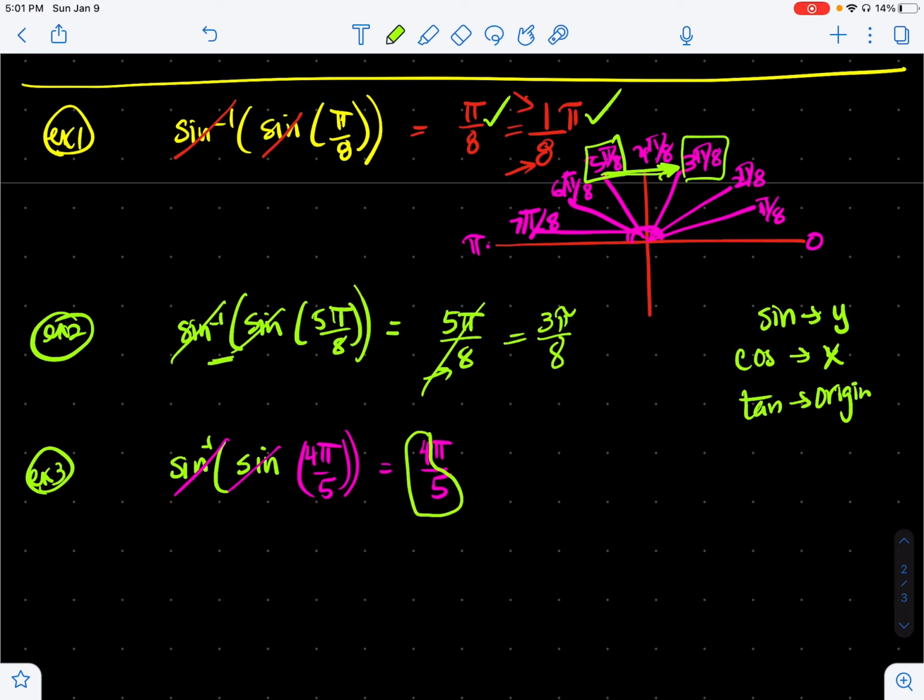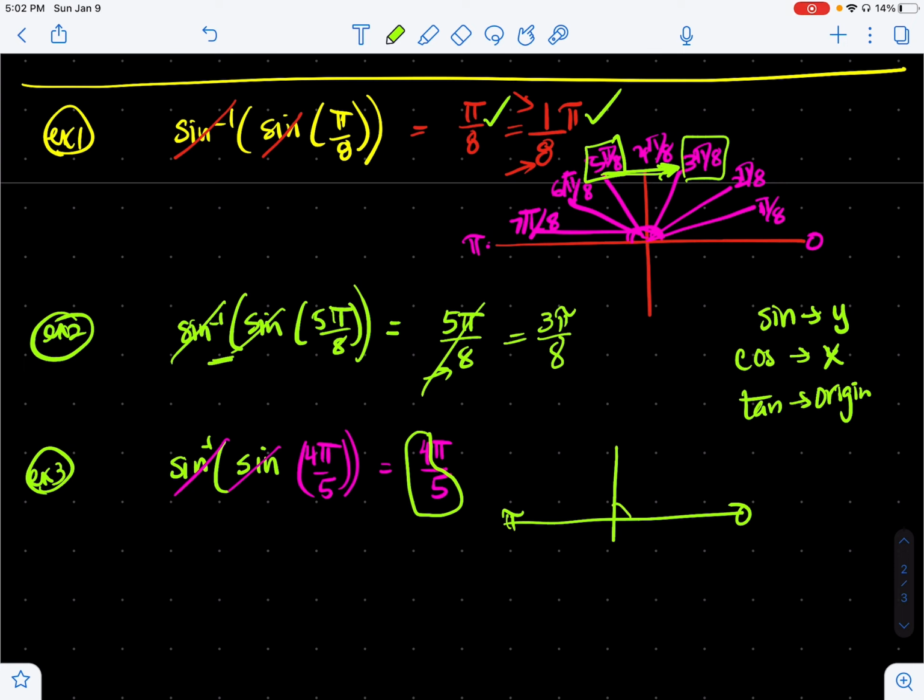Well, please refer to this as 4/5 of pi, which means if I can split 0 to pi into 5 parts, I need to get to the fourth part. Remember, 5 is an odd number.